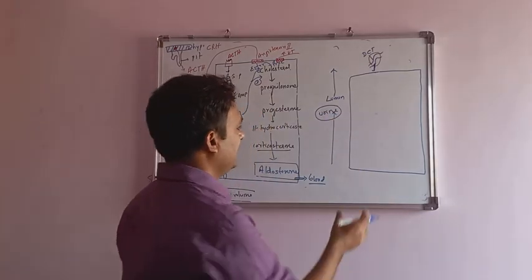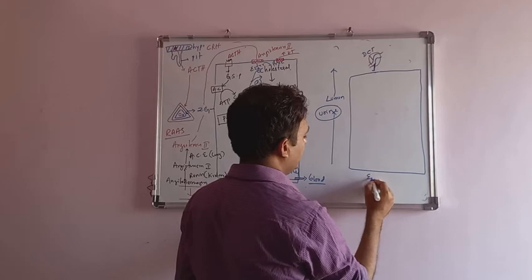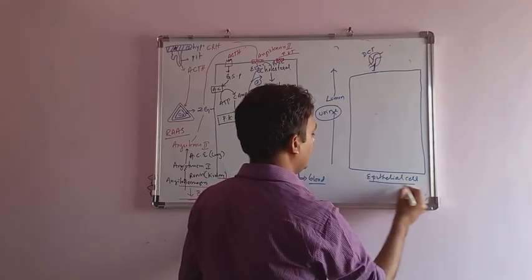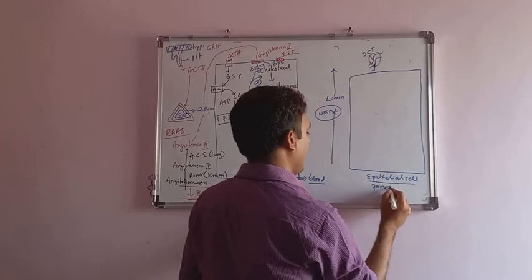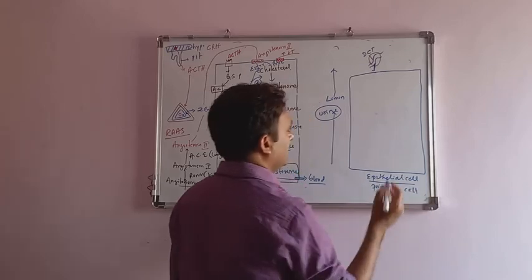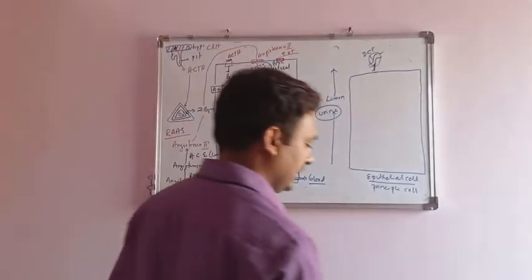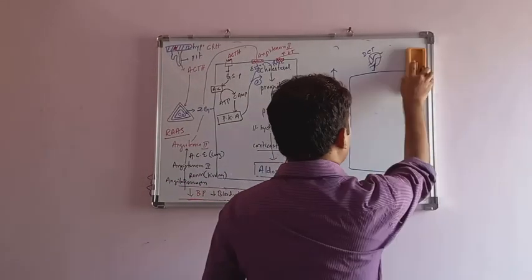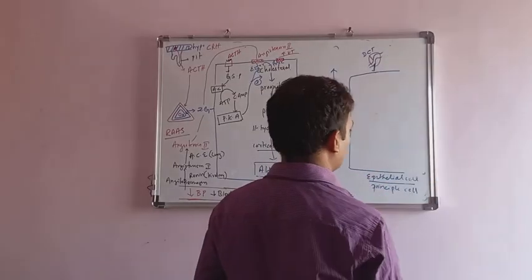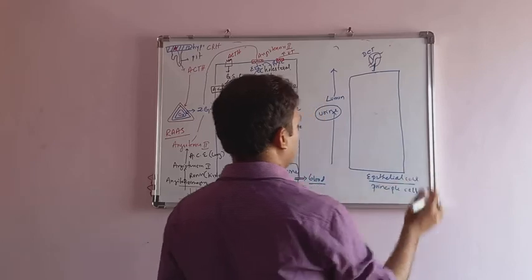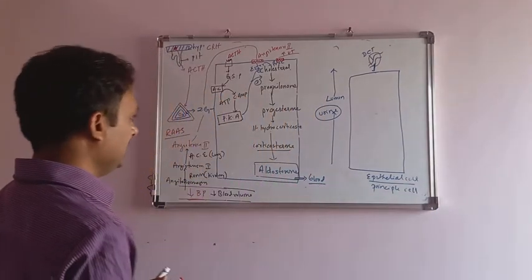This side is the cell. It's also called an epithelial cell or principal cell. Make it smaller here.